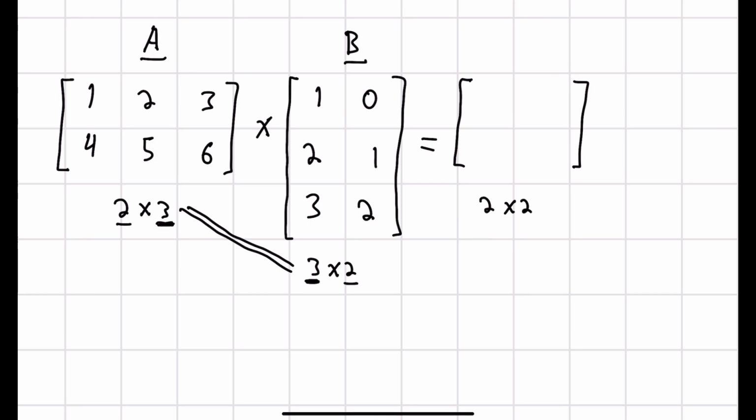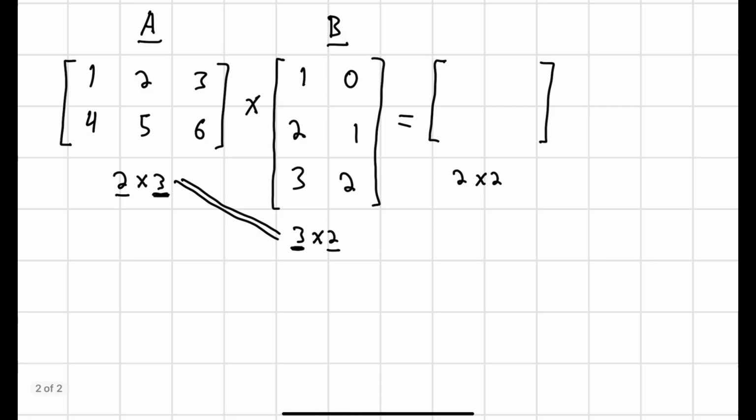So for the first cell, on the top left, what would that be? To calculate that value, we would have to perform the dot product for the first row and the first column. So let's do this on the side.